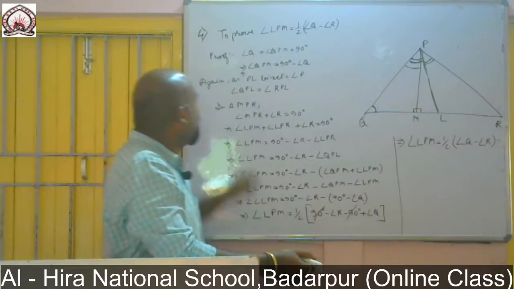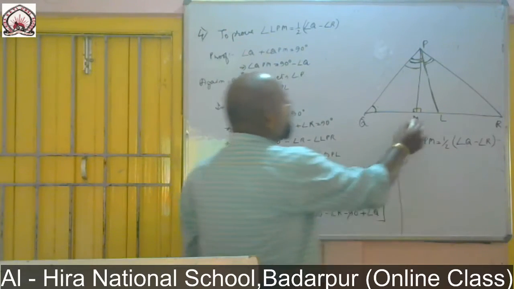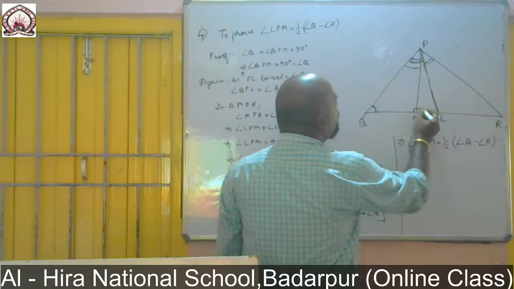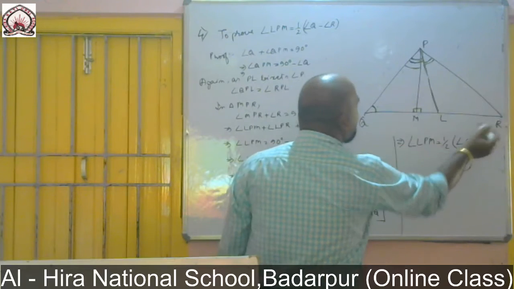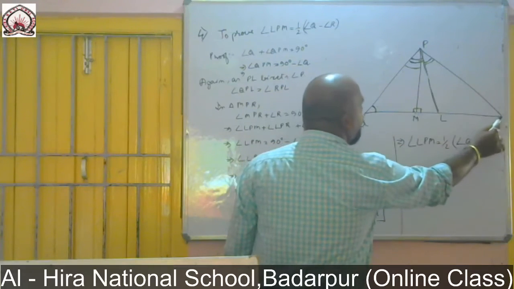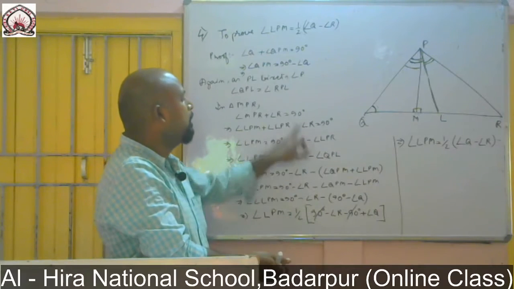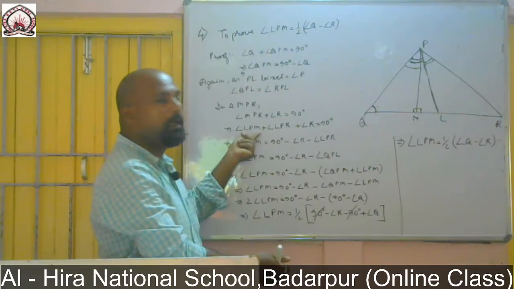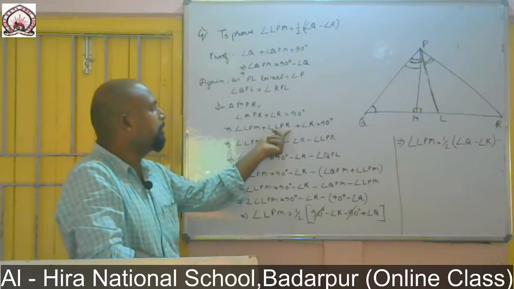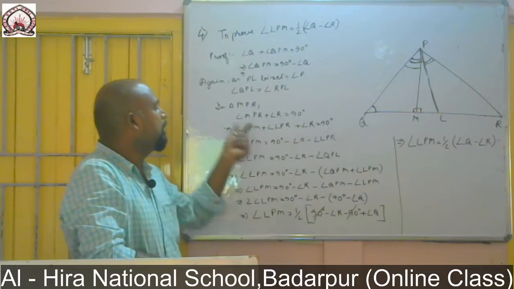Okay. Now, in the triangle MPR, this angle is 90, so this angle MPR plus MRP, that is angle R, is equal to 90 degree. The MPR can be written as LPM plus LPR plus angle R, this is equal to 90.